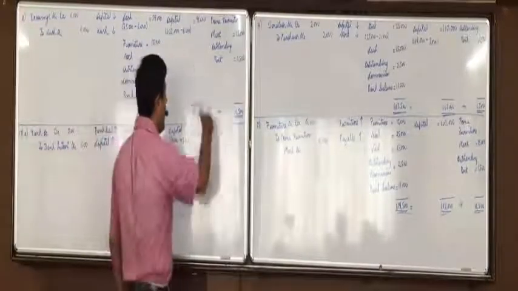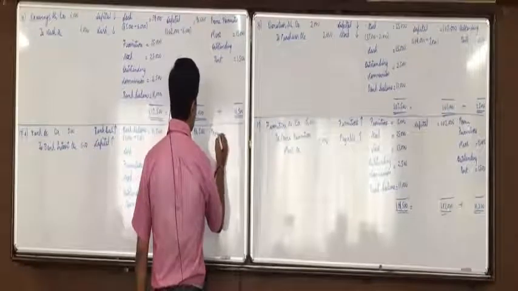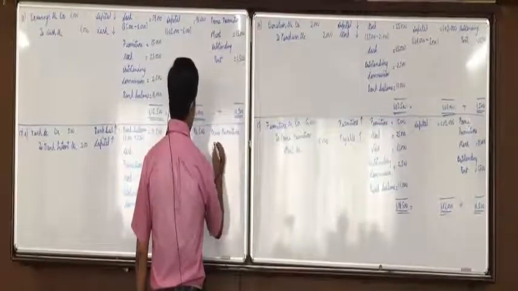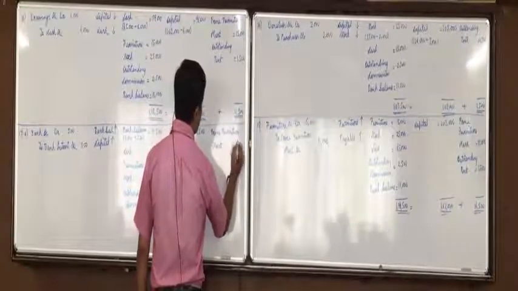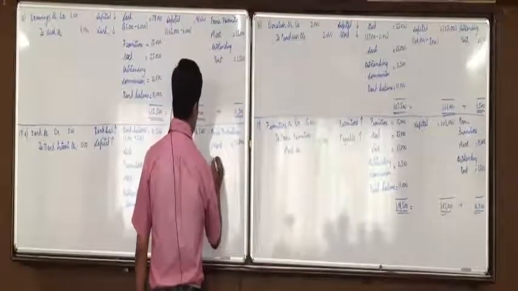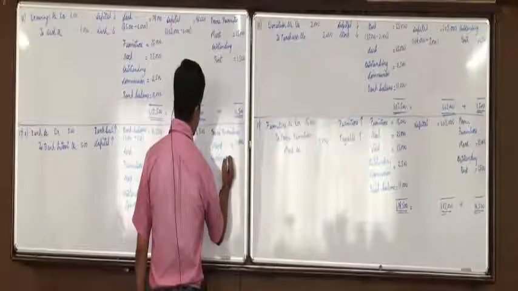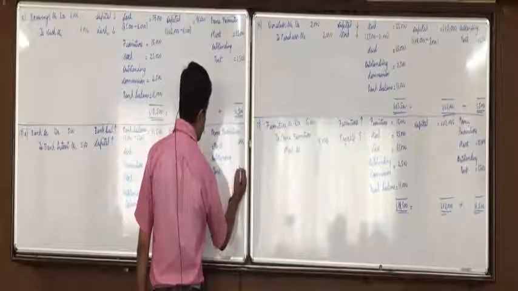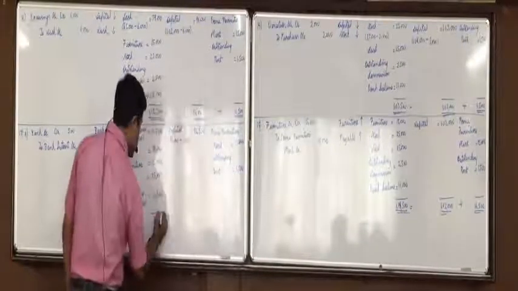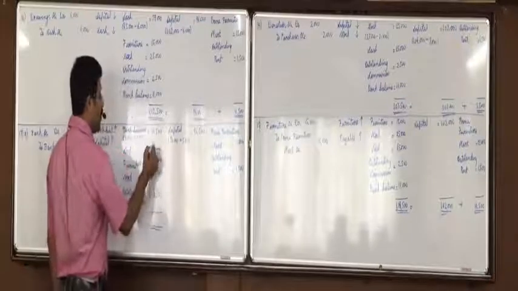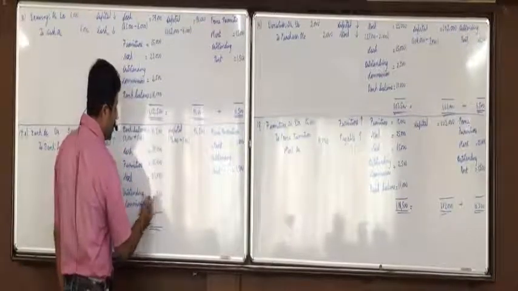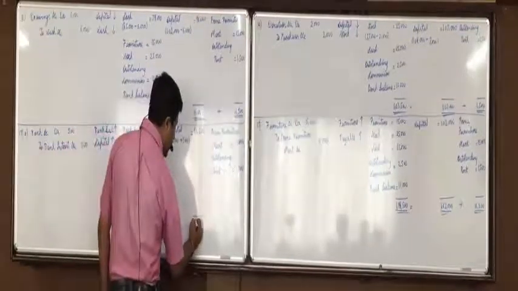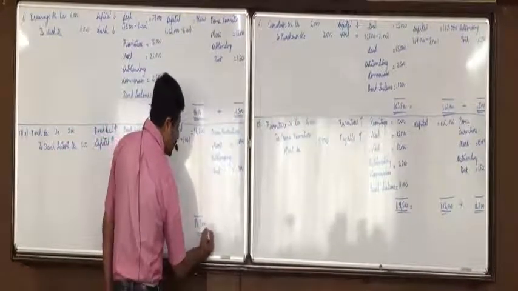Capital we have already done. Liabilities will remain same. Rickshaw Furniture Mart 15,000 and outstanding rent 1,500. 59, 70, 85, 110, 112, 1,13,000, 96,500, 16,500.